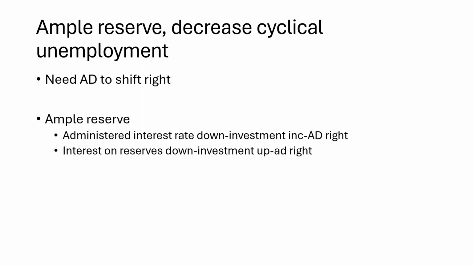Right, so to get AD to shift right, Nico, which way do we want interest rates to go, up or down? Down. So D, as in dogwood, a decrease in the interest on reserves. The only one that had interest rates going down. And they can only shift interest rates because it's ample. Ample's only interest rates. Hudson, all the other ones would have shifted AD left. Okay, that makes sense.